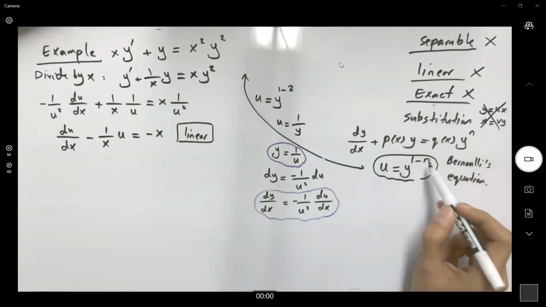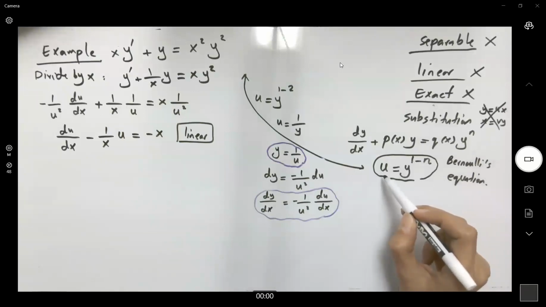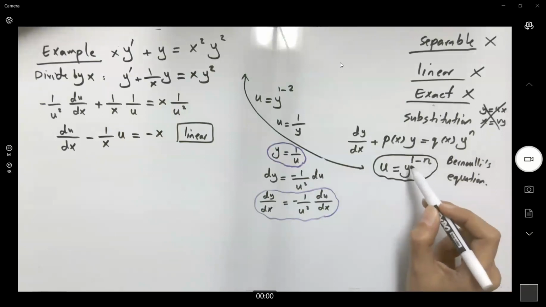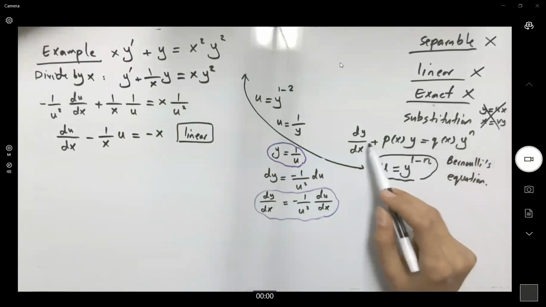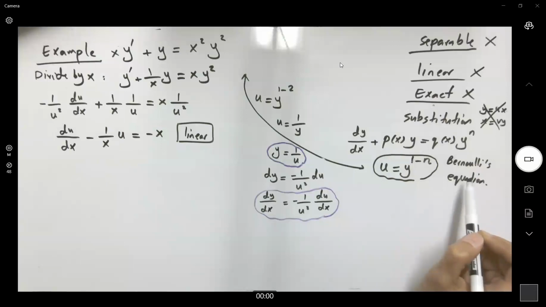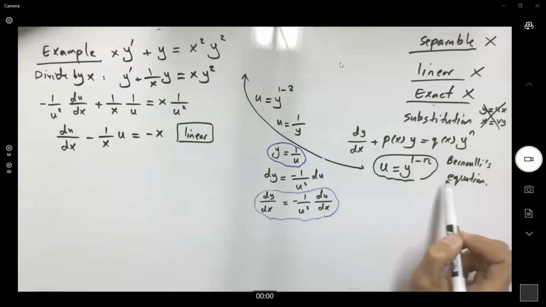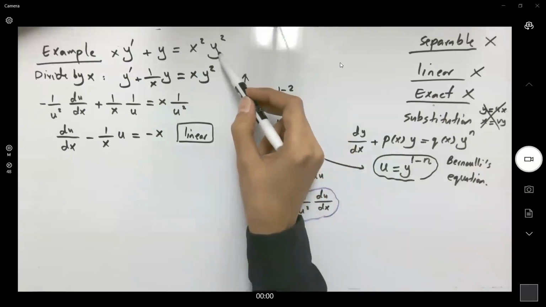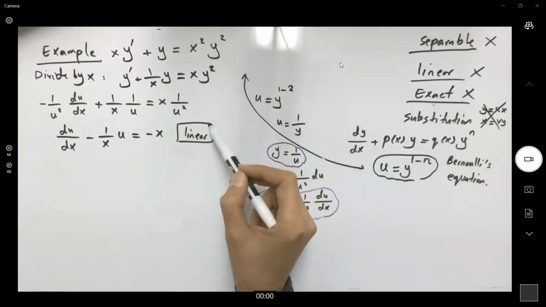But we can use the substitution u equals y to the 1 minus n, because the format of this differential equation is similar to the format of Bernoulli's equation. When we did that, we converted this differential equation into a linear form.